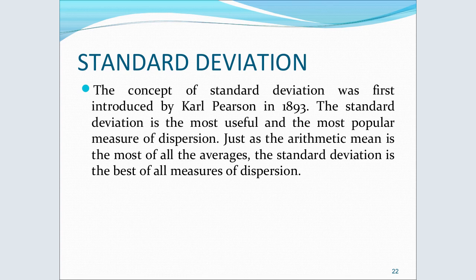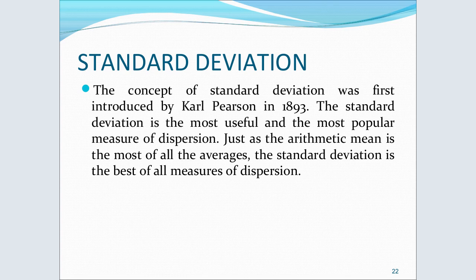Somebody has given a 2. Let me assume because I don't have a calculator. So that's how you go about standard deviation. Standard deviation is the square root of the variance.